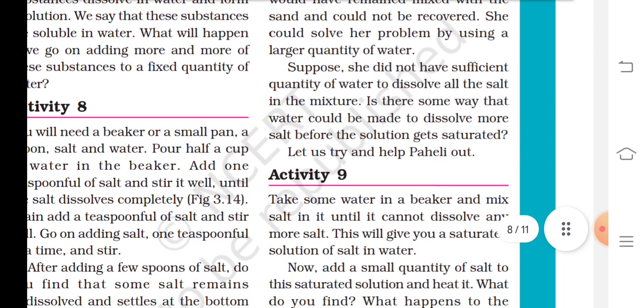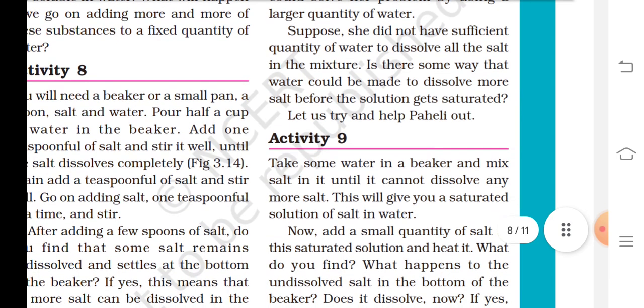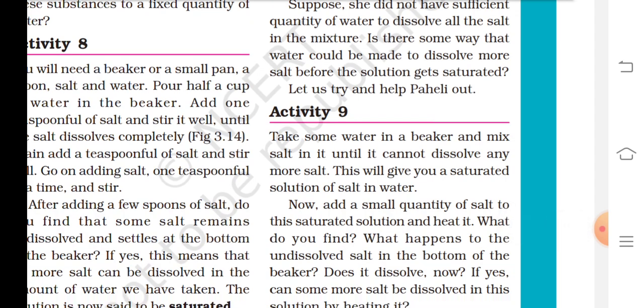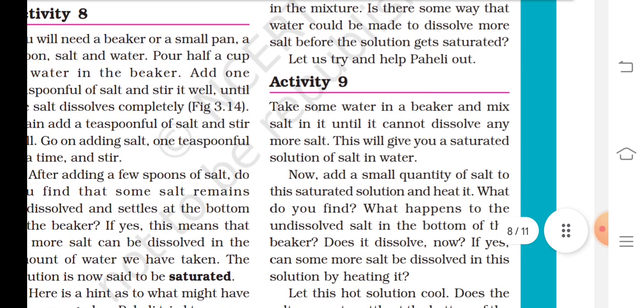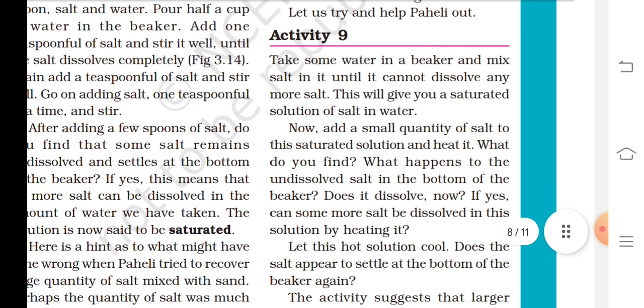She could solve her problem by using a larger quantity of water. Suppose she did not have sufficient water to dissolve all the salt in the mixture. Is there some way that water could be made to dissolve more salt before the solution gets saturated? Let us try and help Paheli out.